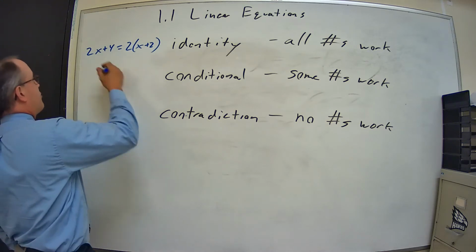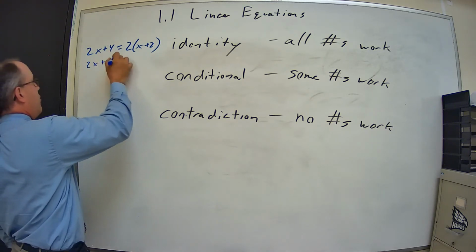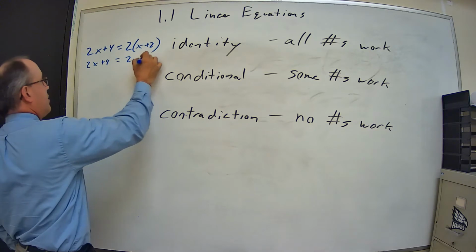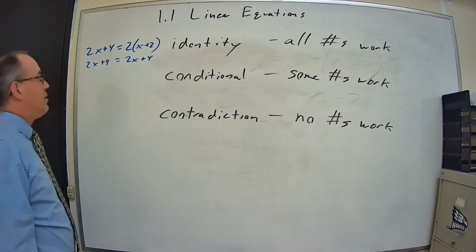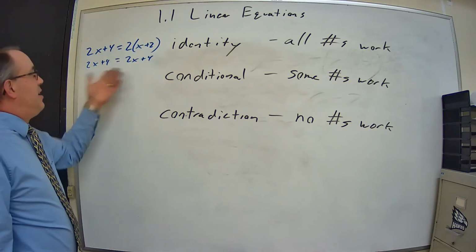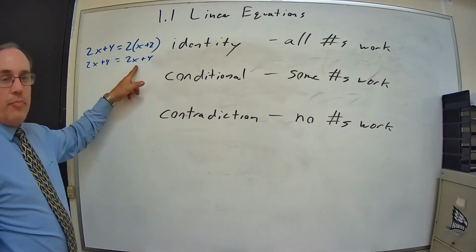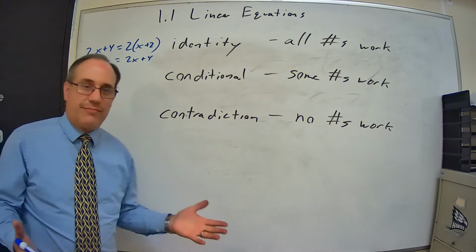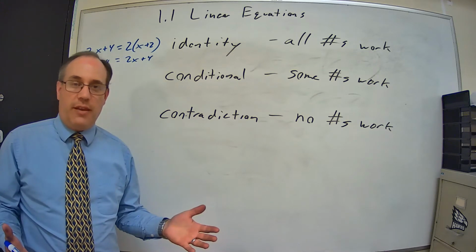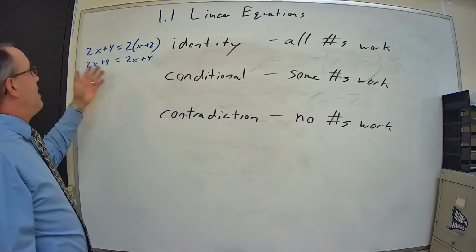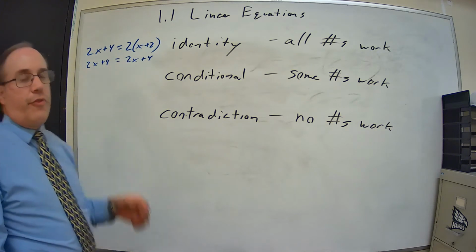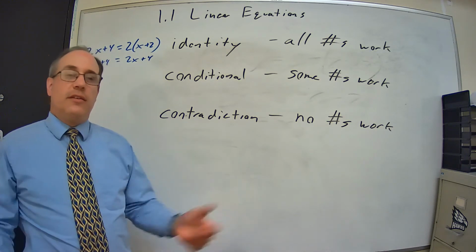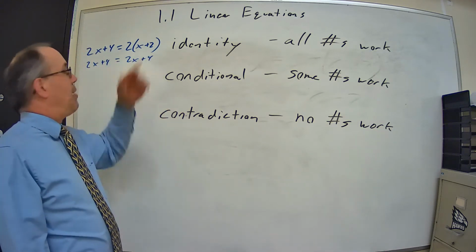If we distribute this through, we see that 2x plus 4 is equal to 2x plus 4. So obviously, any value I plug in for x on this side is going to work on that side since it's the same expression on either side. So that would be an identity. I can plug any value in for x, and I'm going to get a true statement.